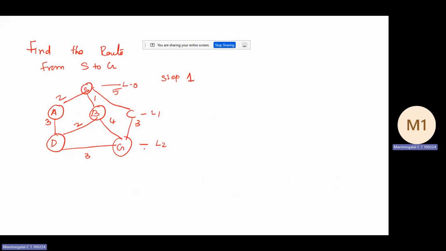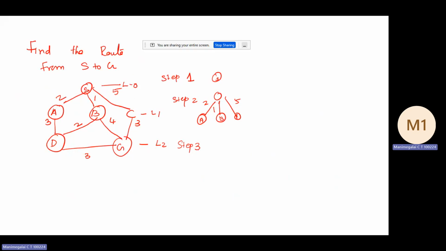So step 1 is S. And step 2: S is connected to A, B, C. What is the weight? 2, 1, 5. This is step 1. What is step 2? So step 3.